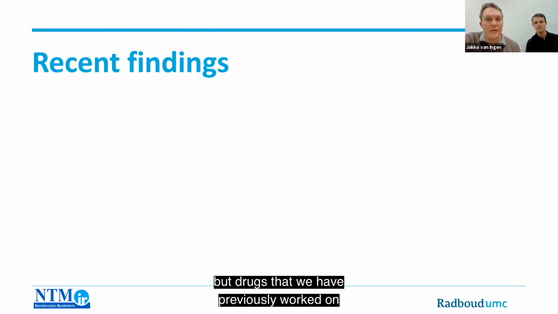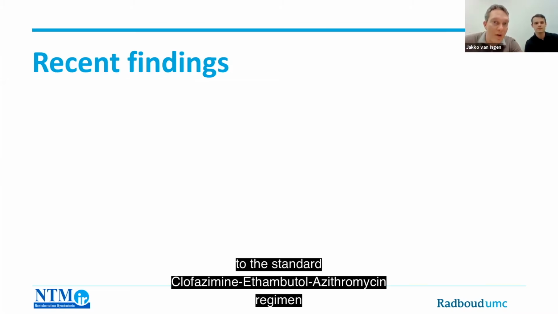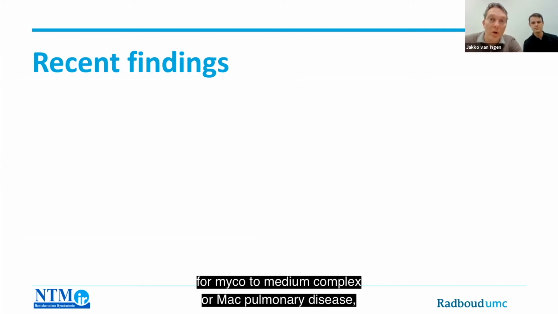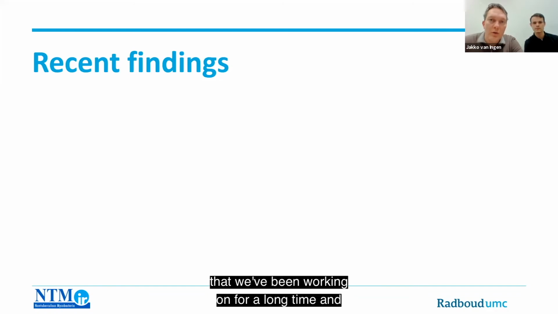But drugs that we have previously worked on and that proved to do really well in these models are clofazimine, for which we've now also completed a randomized controlled trial to compare a clofazimine, ethambutol, and azithromycin regimen to the standard rifampicin, ethambutol, azithromycin regimen for Mycobacterium avium complex, or MAC pulmonary disease. So clofazimine is one of the drugs that we've been working on for a long time.